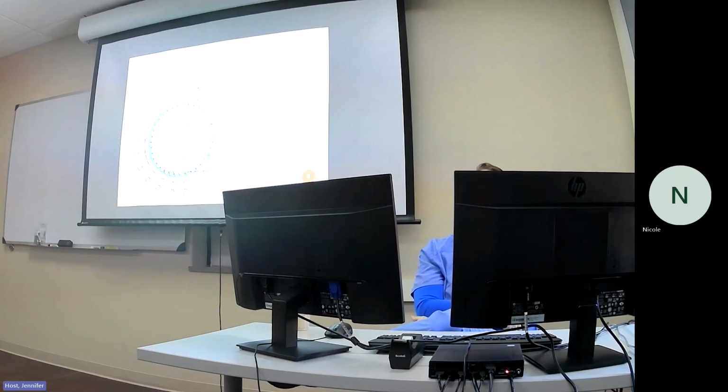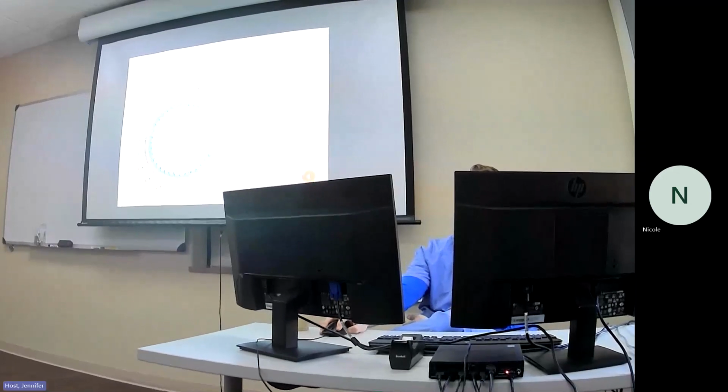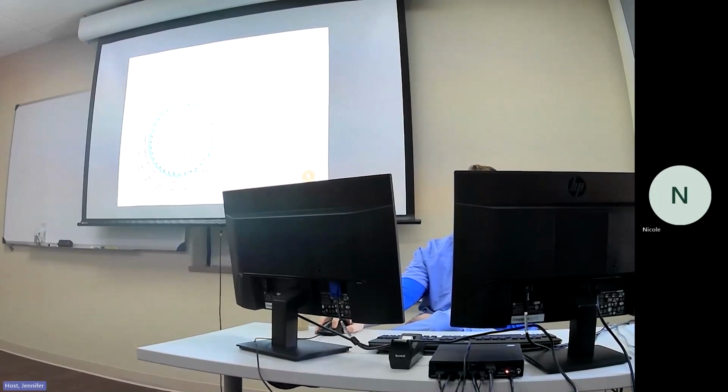Epstein-Barr and all those other ones are classified as herpesviruses. So don't make that mistake that I did, because that really confused me. So we can see here we have our proteins on the outside, our envelope, genome in the center, and then the capsid.